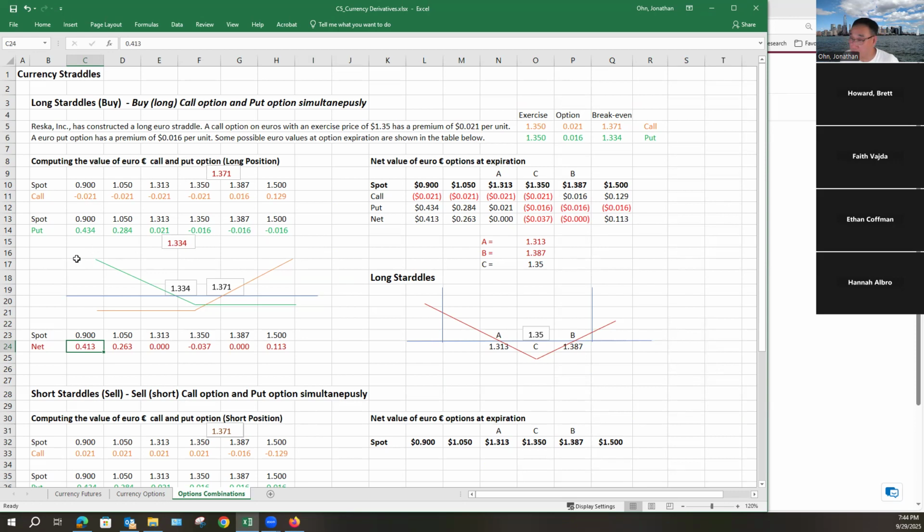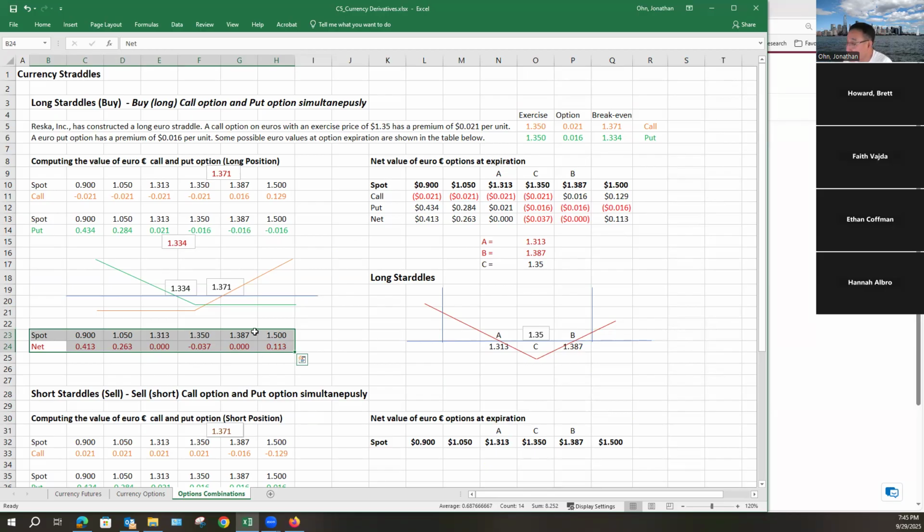So let's put this together: call option plus put option. The same way, copy and paste. That gives you the net profit of your long straddle, meaning the combination of call option and put option simultaneously. That is the net profit schedule for the long call and put option.